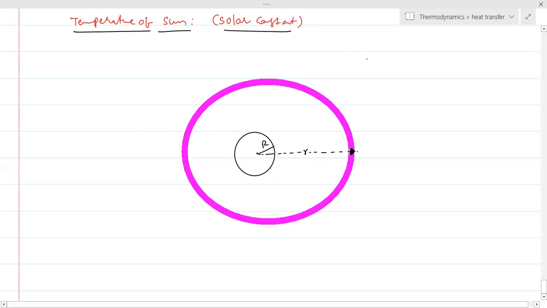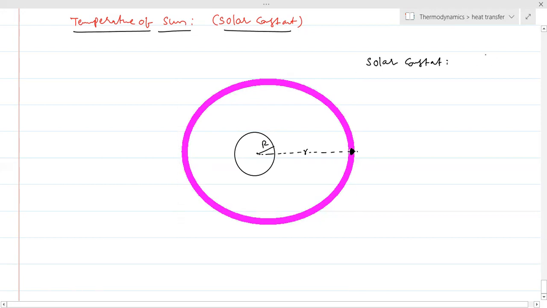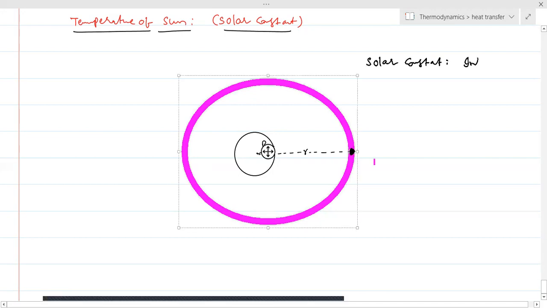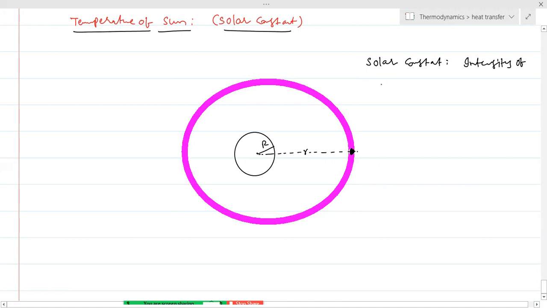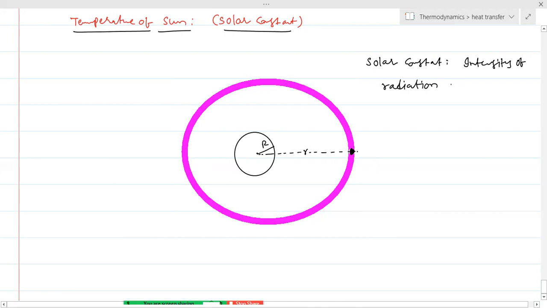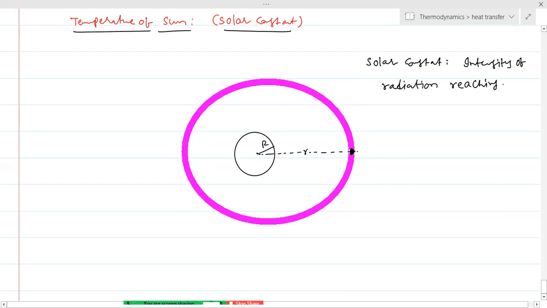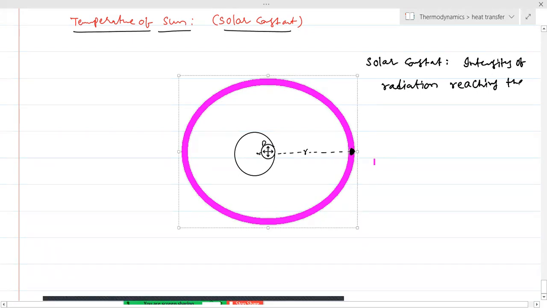Now first we will define the solar constant. Solar constant means the intensity of radiation reaching the Earth's surface.